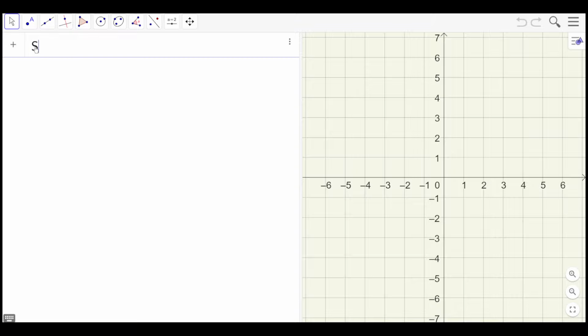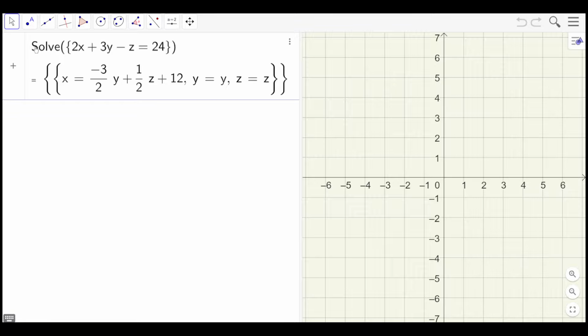2x plus 3y minus z is equal to 24. Yes. And then you separate it with a comma. Write the second equation. So it is 4x minus 2y and then plus 3z equals to which number? 6.